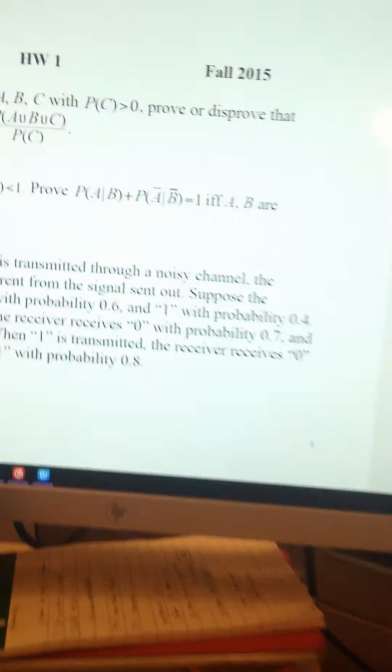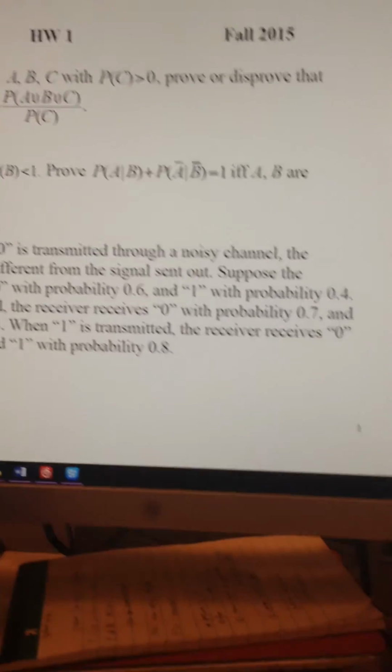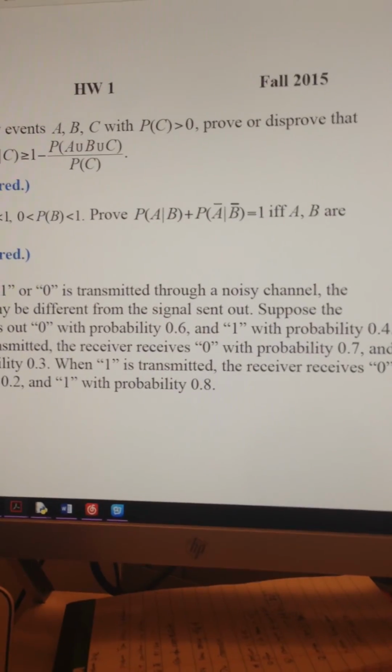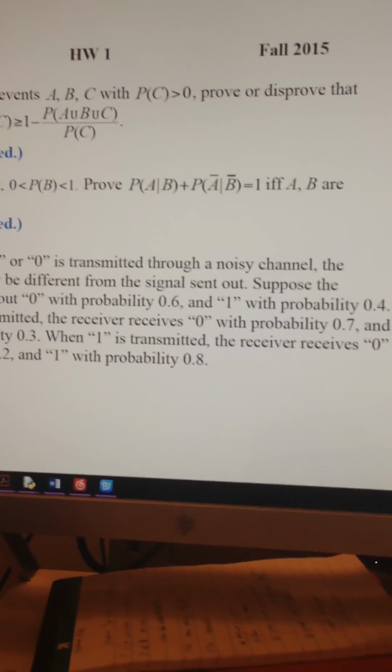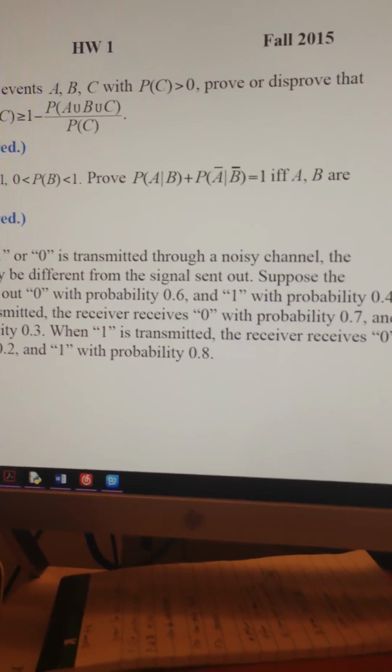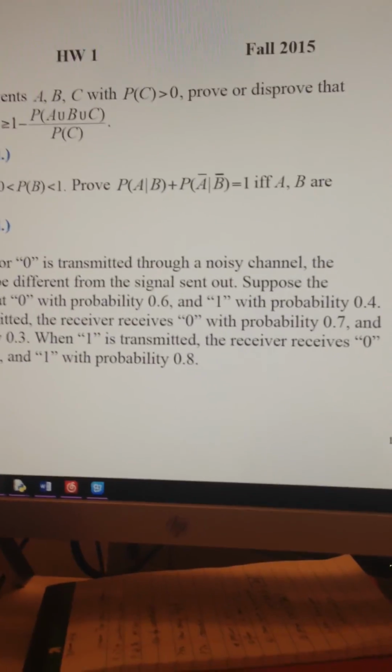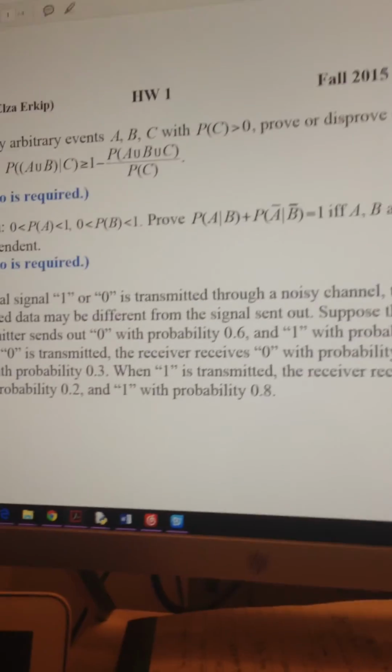We can say that the probability of A on the condition of B plus the probability of not A on the condition of not B equals 1 if and only if A and B are independent.